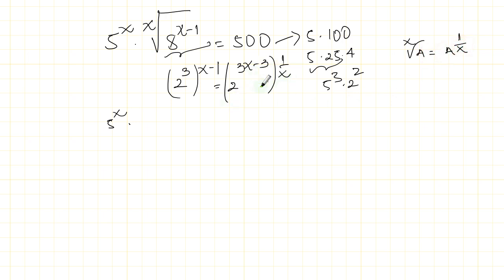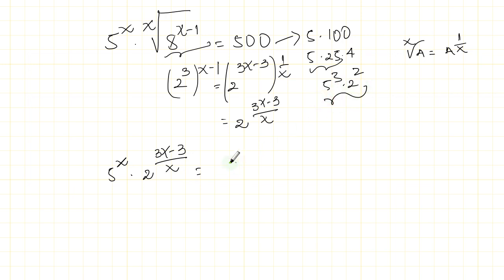So we write this here like this, and then we have 2 to the power, this one multiplies 1, we're going to have then 3x minus 3 all over x. Now we can rewrite our equation here, which we're going to have then 5 to the x times 2 to the power of 3x minus 3 divided by x, and then this is equal to this one here, which is 5 to the 3 times 2 to the power of 2.